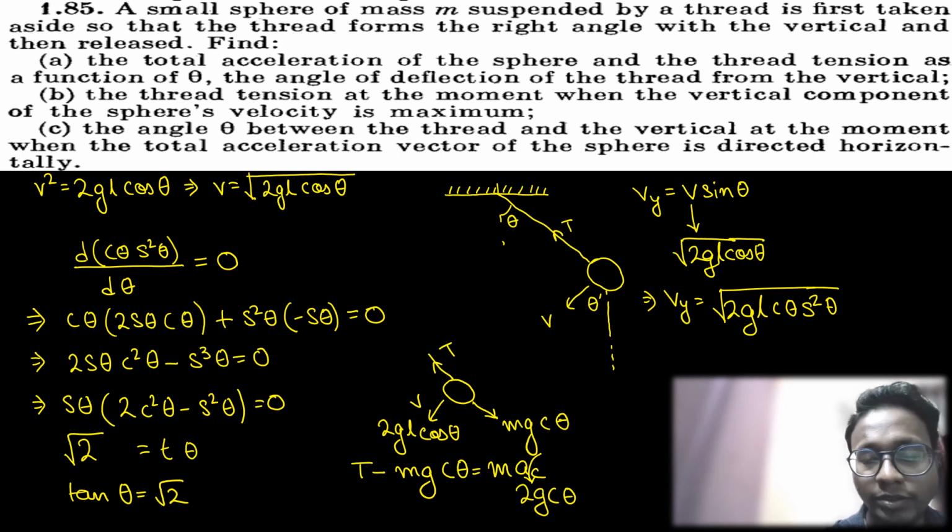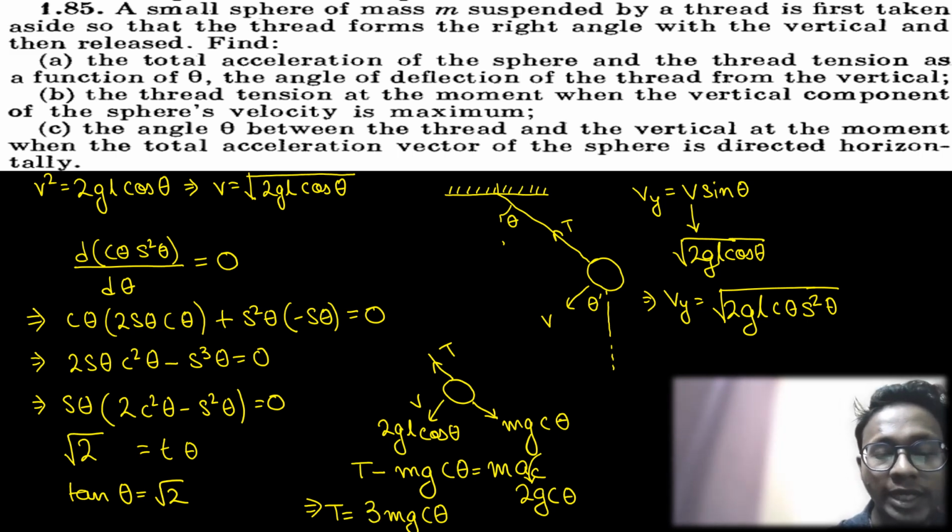So T is equal to 2 mg cos theta plus mg cos theta. This mg cos theta would go to the right hand side, so it would become 3 mg cos theta.